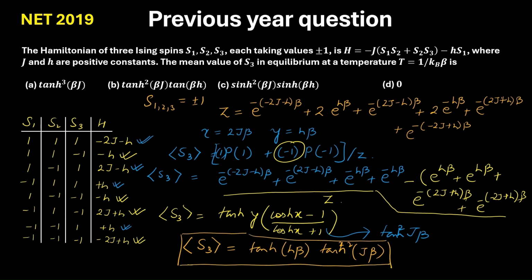The calculation is a bit lengthy, but it's very easy. The only thing is you substitute this x and y, then it will become easy, because there are so many terms. So if I see the options here, then I think option B is the correct answer.